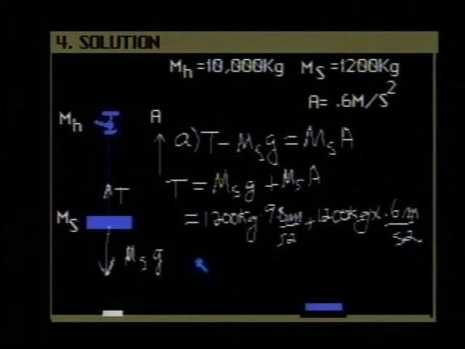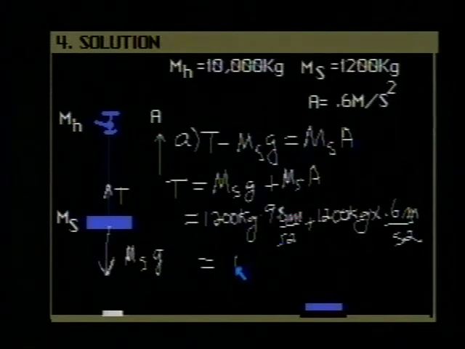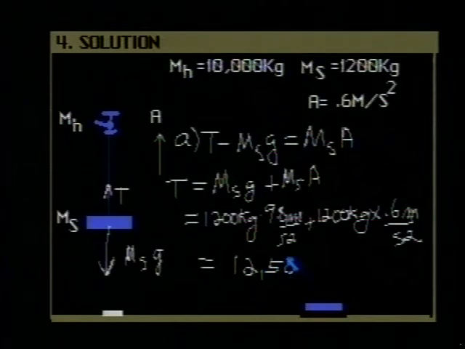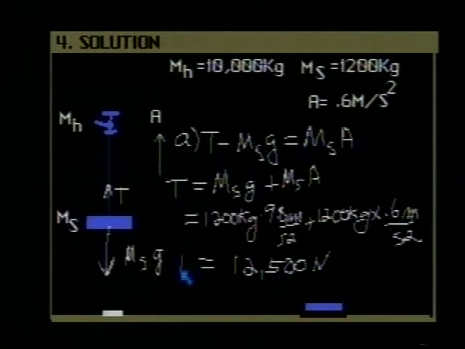If you work that out on your calculator, you should find a total of 12,500 newtons if you round your answer to 3 significant figures. That then is the tension in the cable.